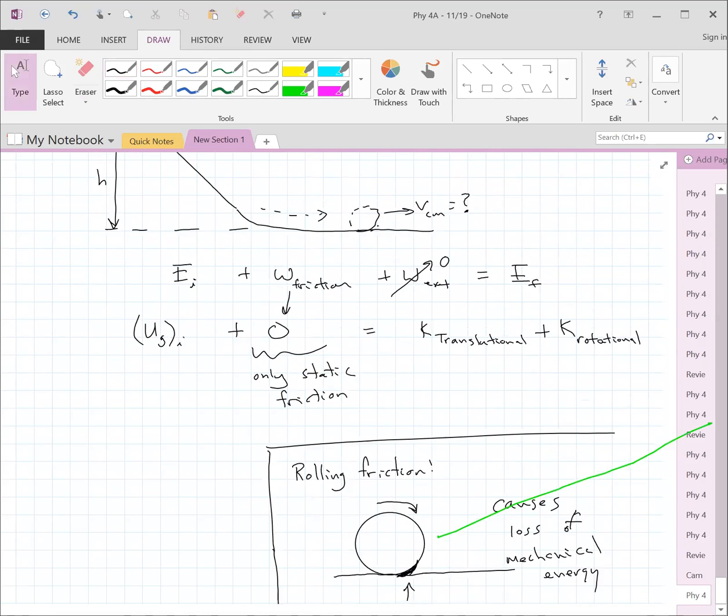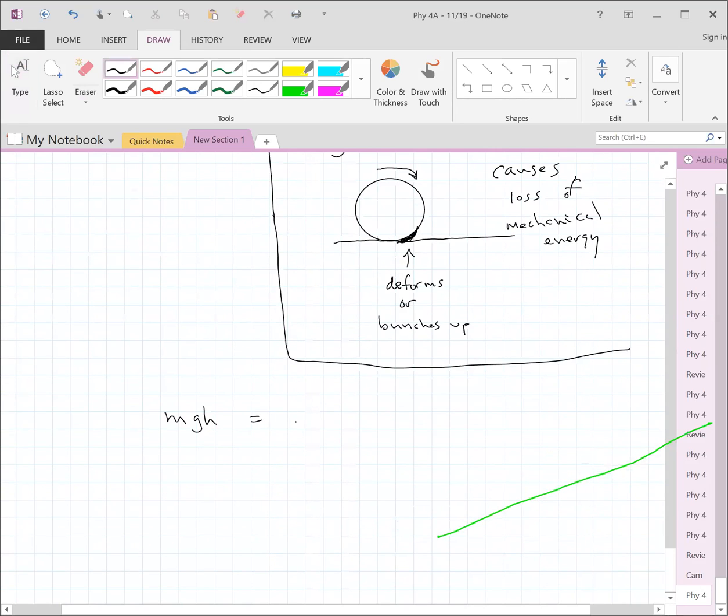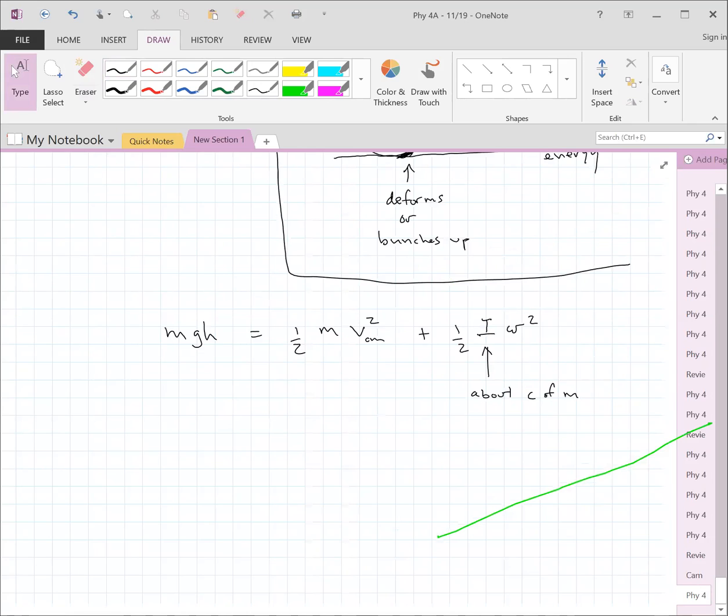At the end, we have as if the object was just moving, 1/2 the mass of the object times v center of mass squared, and as if it's just rotating, 1/2 I omega squared. And the I we're using is the I about the center of mass. Right? As if it was just rotating about its center of mass.